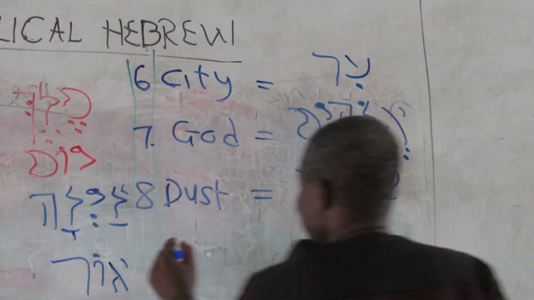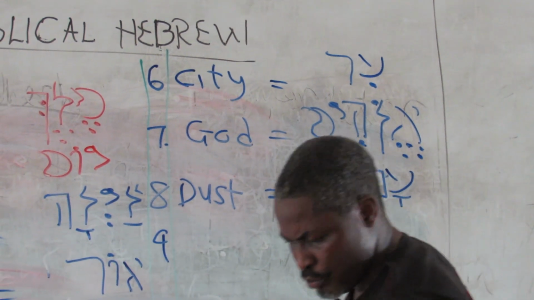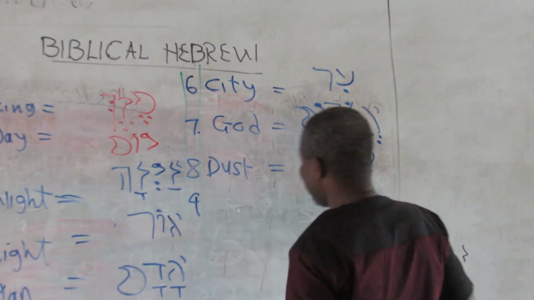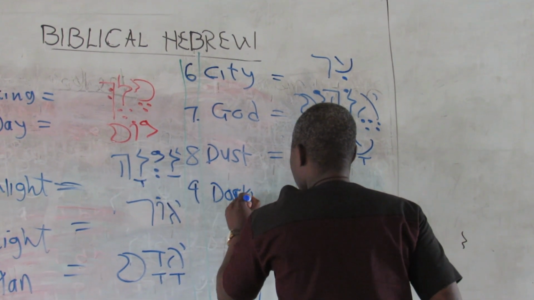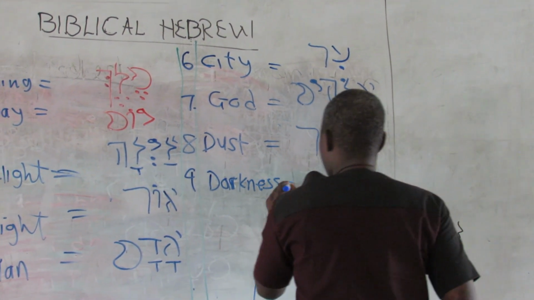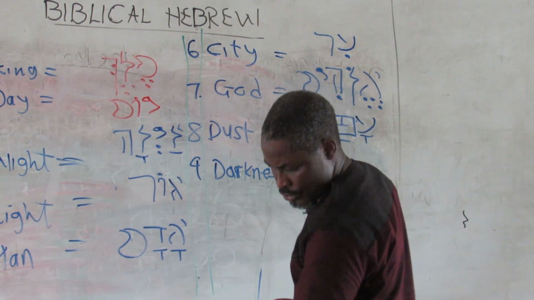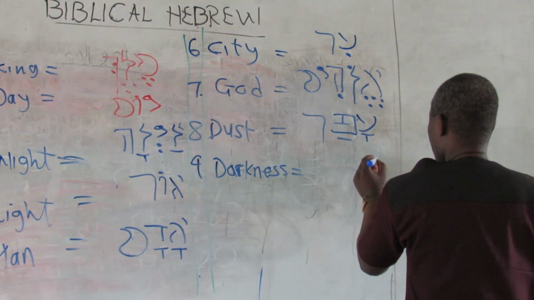Then 9. What should we give as 9? Let me give darkness. Darkness is choshek.